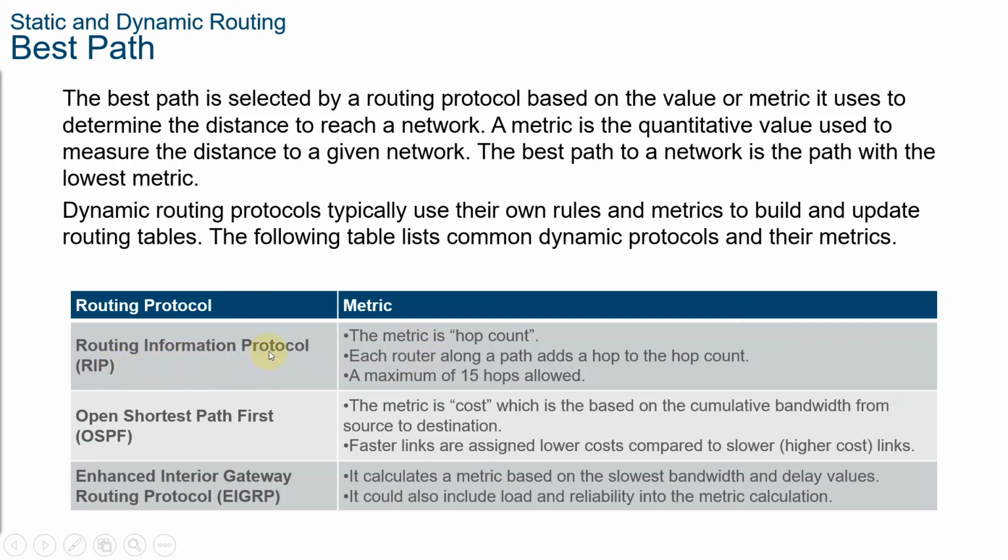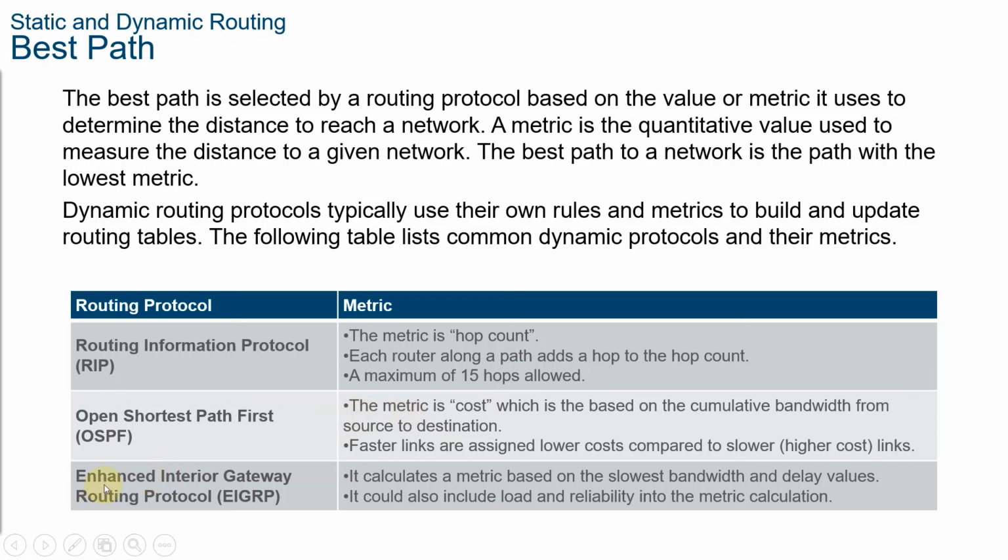Basically, RIP, the Routing Information Protocol, has a metric based on hop count, with a maximum of 15 hops allowed. Next, you've got OSPF. The metric is based on cost. Faster links are assigned lower costs.